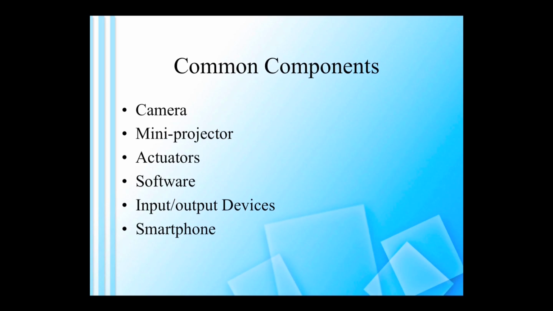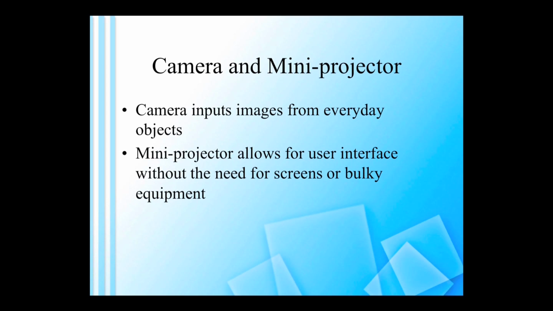Okay, now I understand we already mentioned some of these devices, such as the camera, the mini projector, the actuators, the software, the different input and output devices. But I'm going to dive just a little bit further into those because it's essential if we are to understand them. Now, the camera and mini projector are basically the input and output devices that will project the interface over everyday objects.